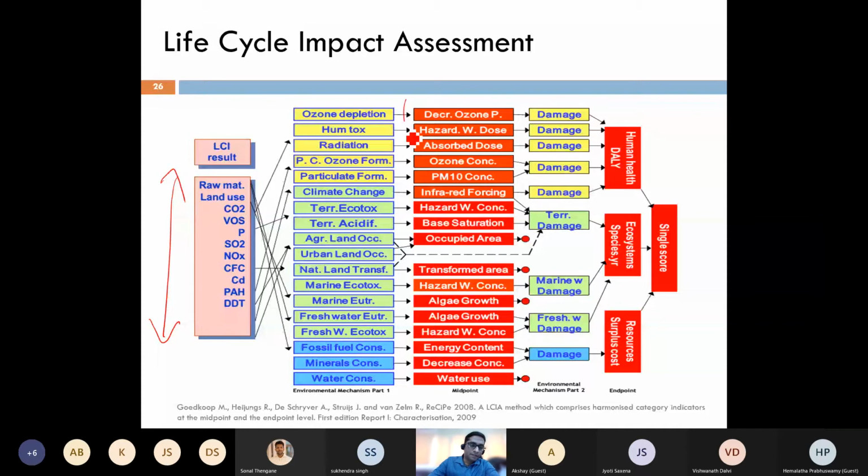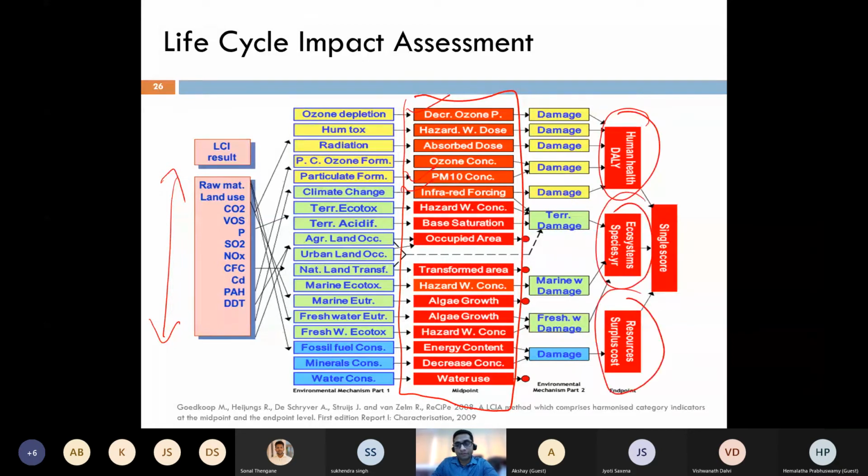It could cause different types of midpoint impacts, and the basic ones would be ozone depletion, climate change, or PM formation, and the endpoints would be human health, ecosystems, and resource supply surplus cost.